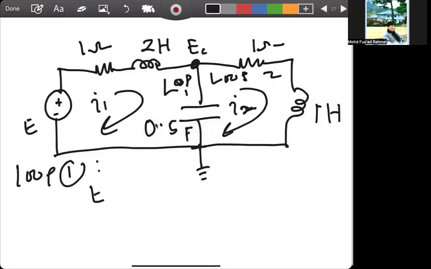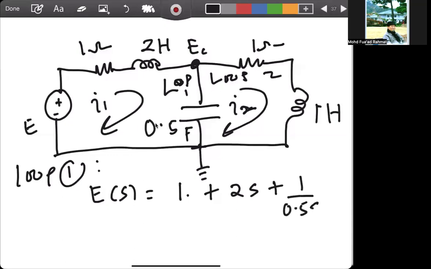Okay. Go to R. R is 1. Okay. Henry, which is plus 2S. Then plus 1 over CS, which is for the capacitance. Okay.